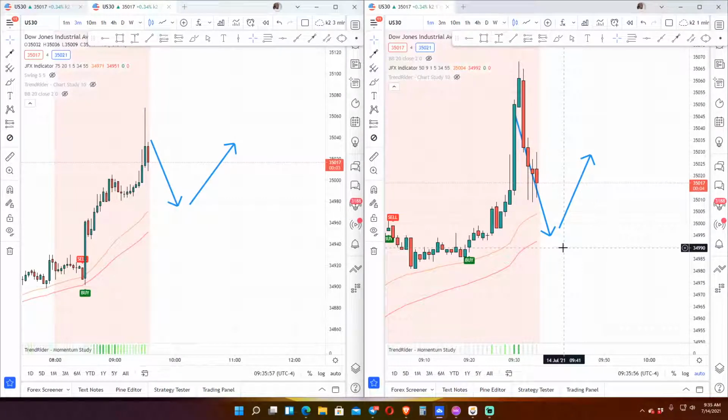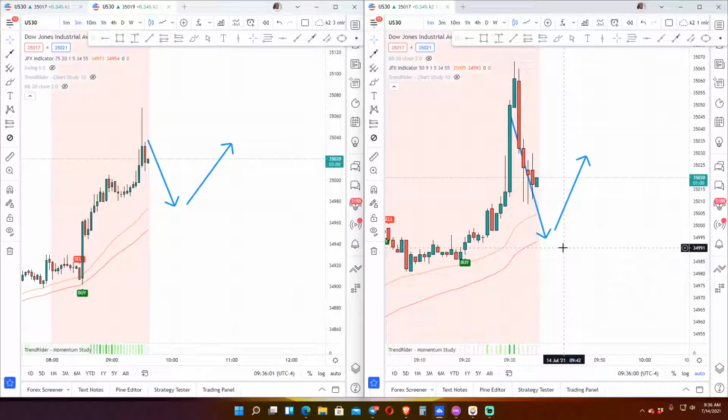One thing about trading is it's very boring, but you just have to look past that and just let the market do its thing, you know.